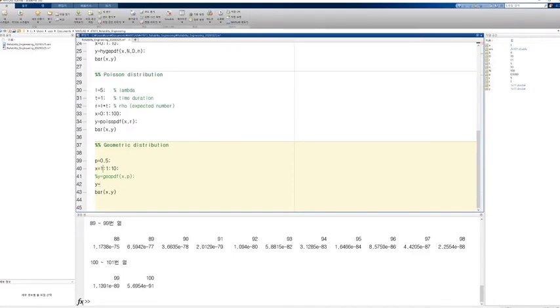If we use the definition in our textbook, the probability will be p multiplied by 1 minus p to the power x minus 1.